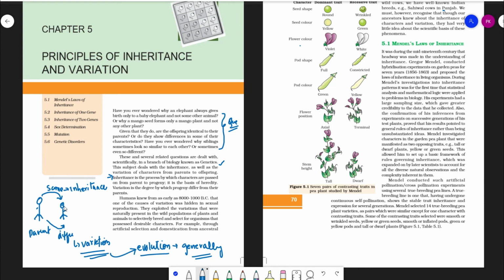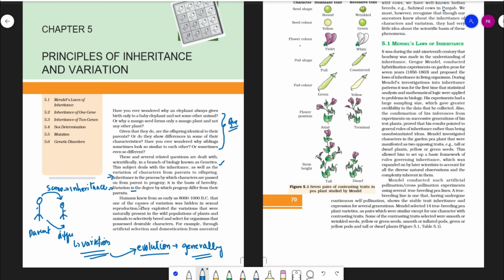A lot of characters from your grandparents are shown in you, not shown in your parents, but indirectly shown in you. This is due to genetics. So now you are answerable to why you are so similar to your parents. Now this too has a definition: inheritance and variation.